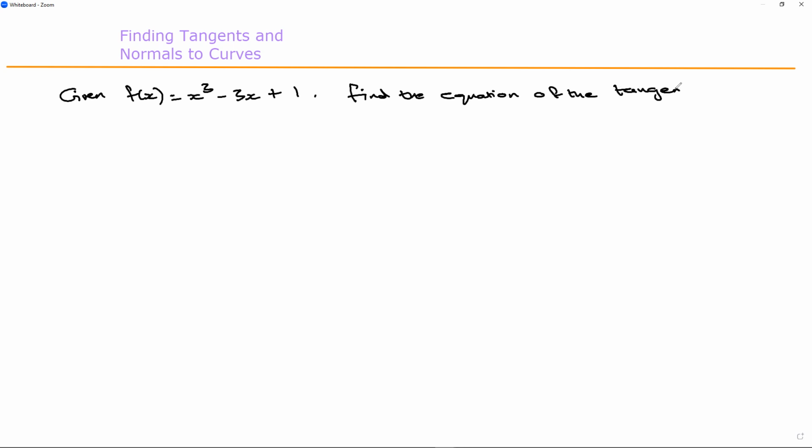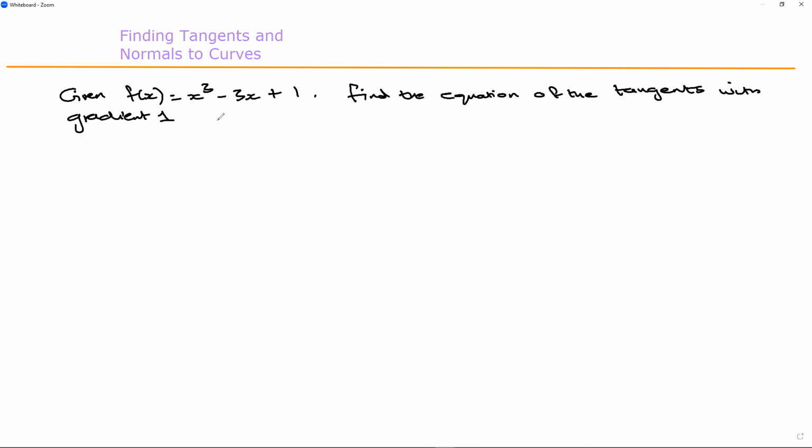All right, so suppose you're given the function f of x equals x cubed minus 3x plus 1, and you are asked to find the equation of the tangents with gradients 1.